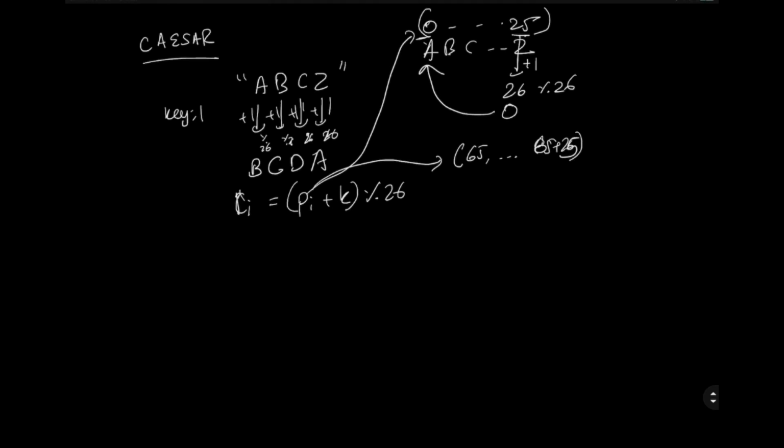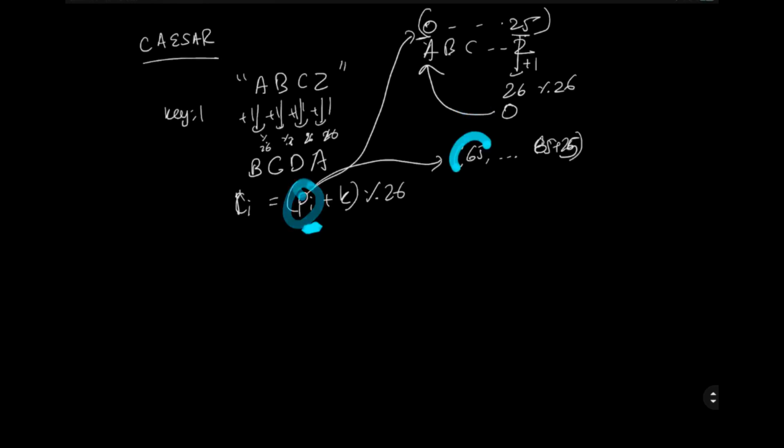So the difference I have from this value to this value is going to be a capital A or a lowercase a. Okay, so what I'm going to do is subtract first.